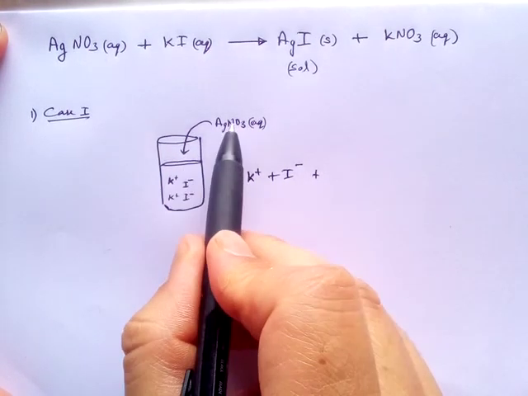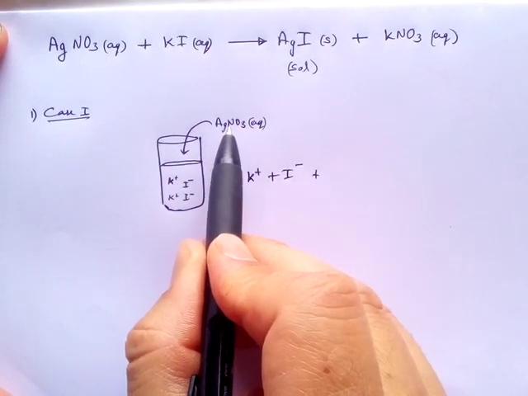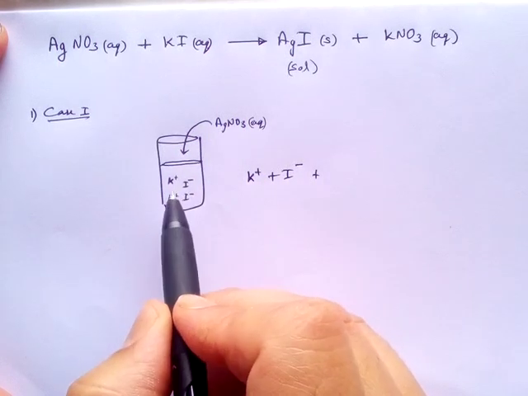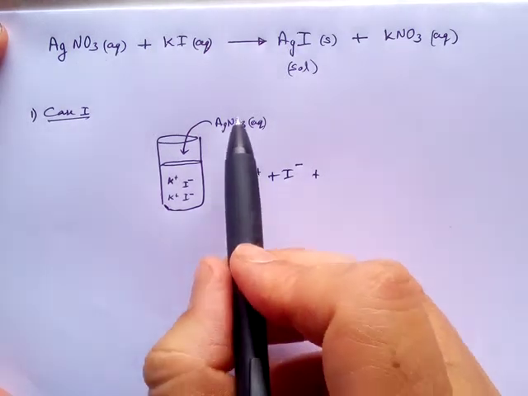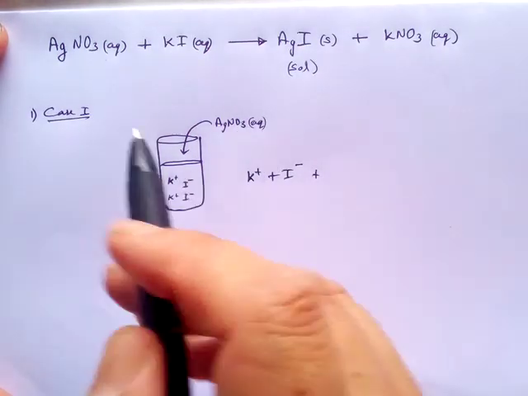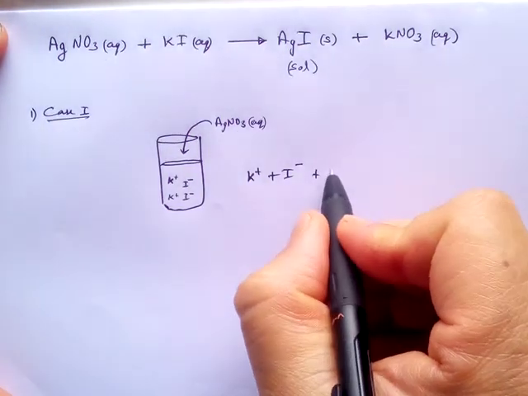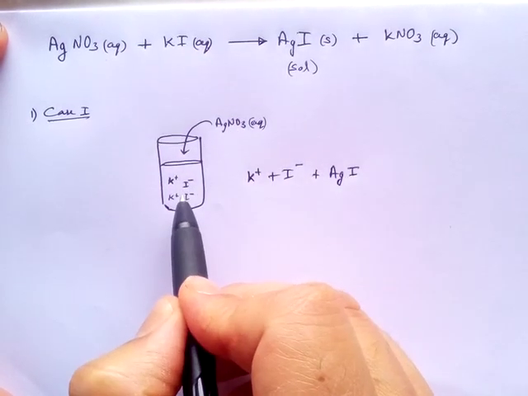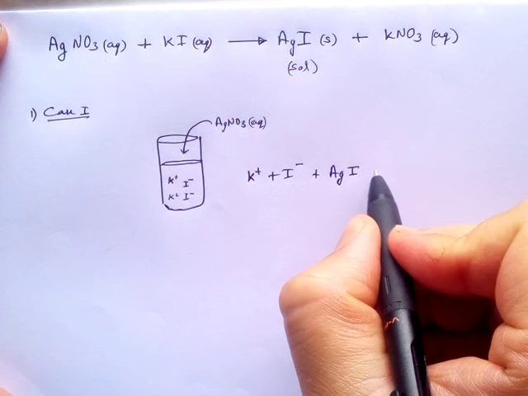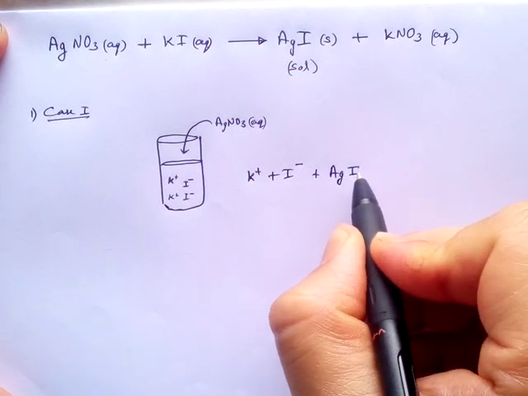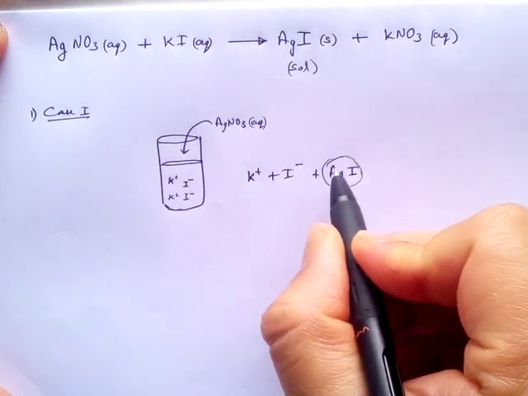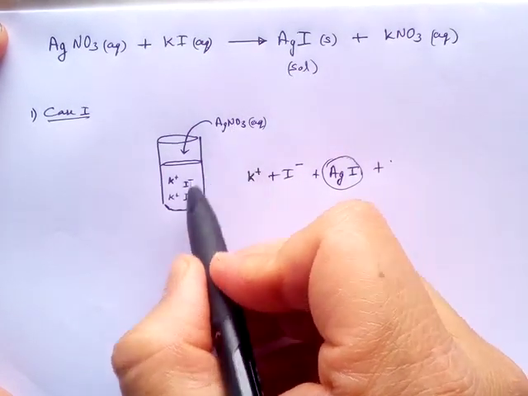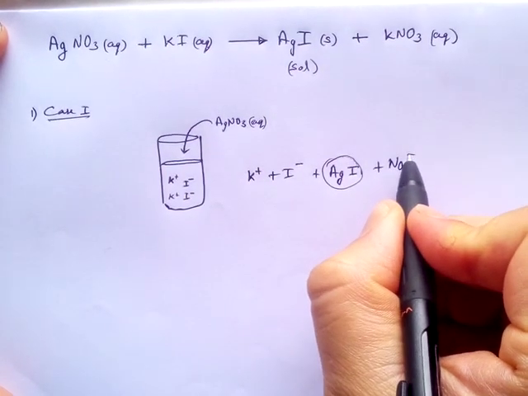Then we have added AgNO3. Now whatever Ag we have added will react. So Ag will add up to I, so it will form AgI. Another component we can see here is AgI, and NO3 is also added, since AgI is a solid particle, then remaining, we add NO3-, right?